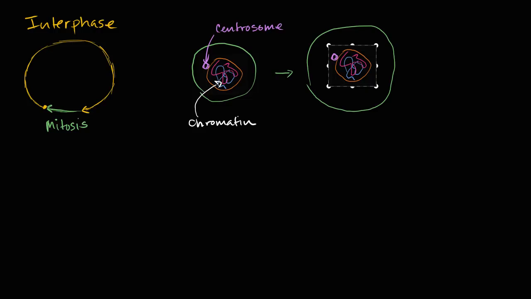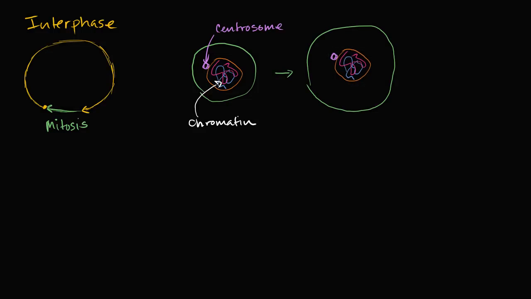And this phase where it is just growing from this new cell is the G1 phase. Actually, let me do that in a different color since I'm already using that green so much. This is the G1 phase. And so that might look something like this. Different cells are going to do this for different periods of time, the G1 phase.